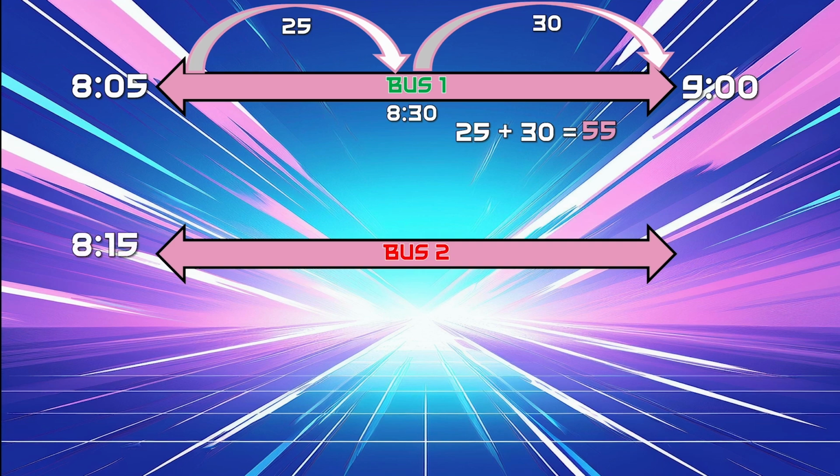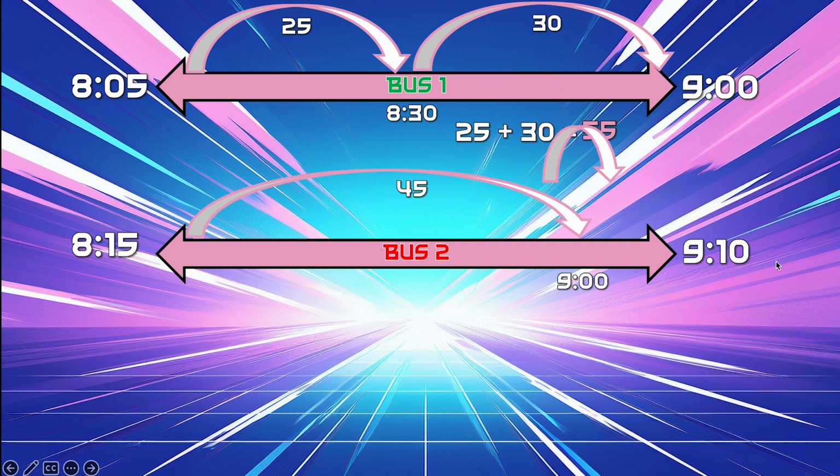Bus 2 leaves at 8:15 and arrives at 9:10. We know that 8:15 to 9 is 45 minutes, but then we need to add an extra 10. So in total, 55 minutes.